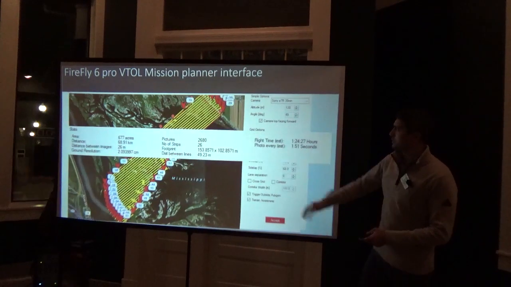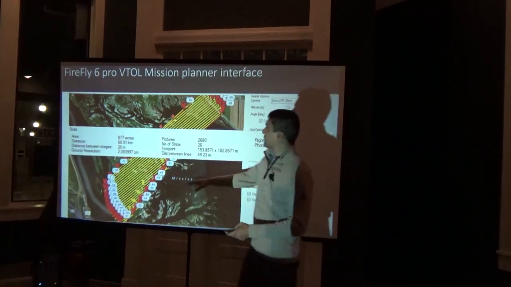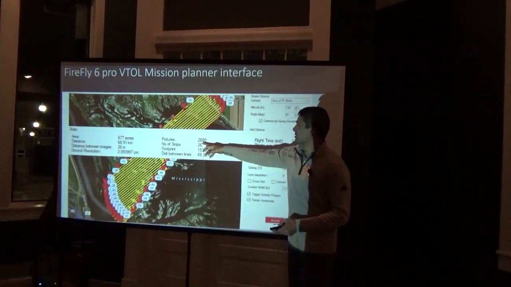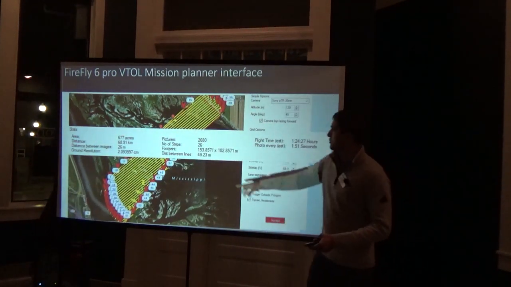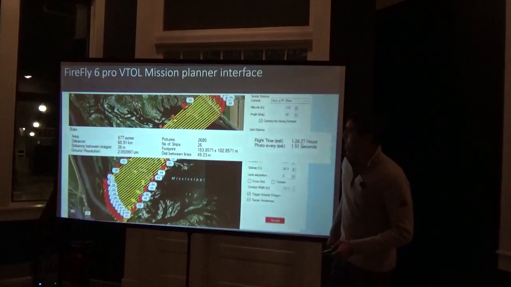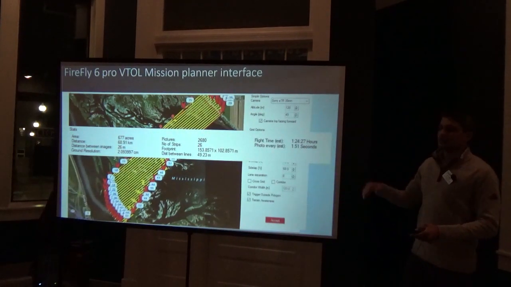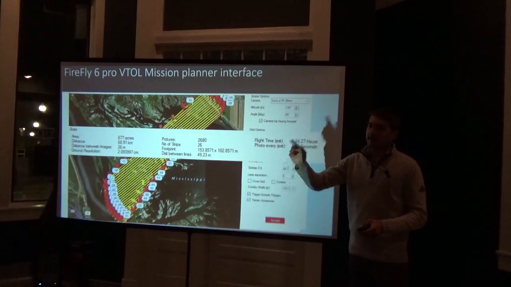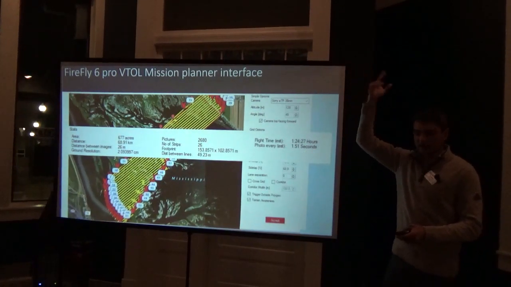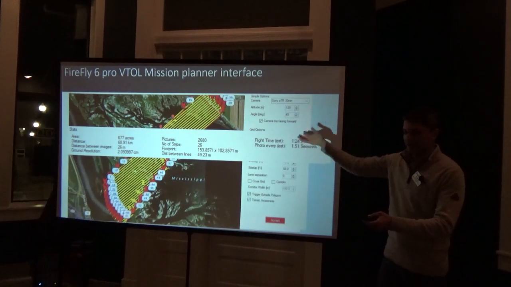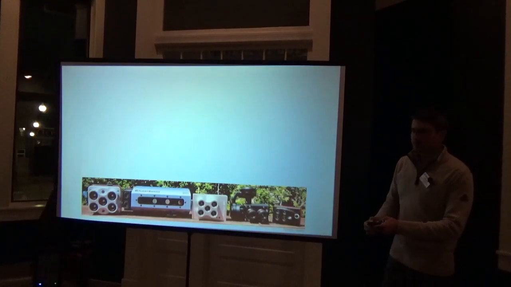And finally it tells me with all these parameters, I'm going to map 677 acres, takes more than 2,600 photos, there are 26 trips, distance between images, everything gets populated, and then you hit go, and it flies and takes photos. But this cannot be done on a phone or an iPad, it has to be a laptop.